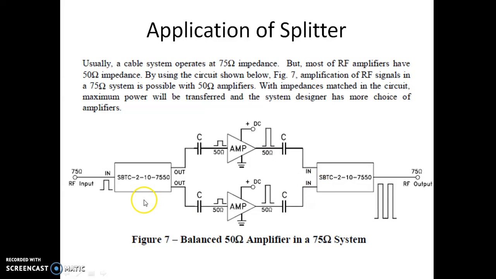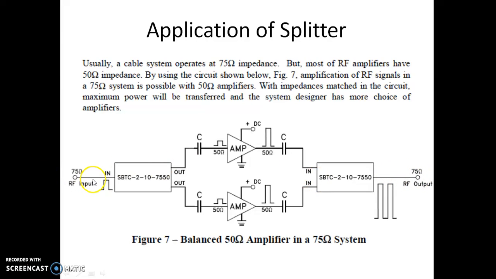Whatever amplification we have done for that 75 ohm RF line has to be given back to that 75 ohm RF line. So this should again be 75 ohm, so that this can be connected to the RF line of 75 ohm.